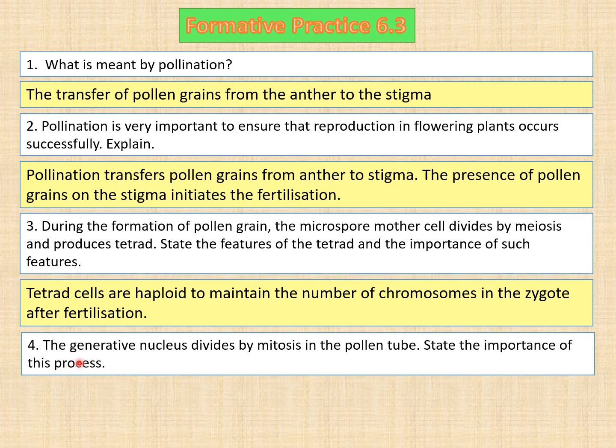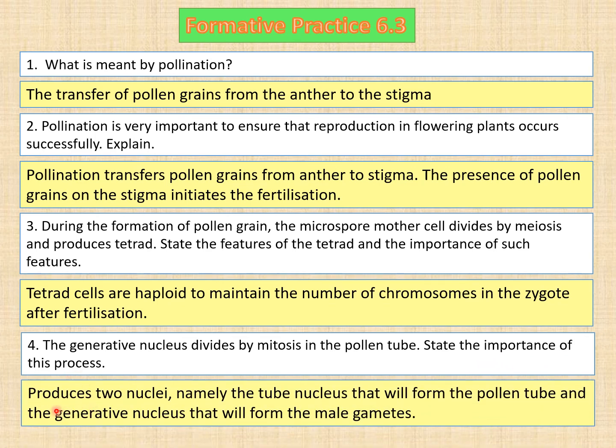Question number 4. The generative nucleus divides by mitosis in the pollen tube. State the importance of this process. Okay, it produces two nuclei, namely the tube nucleus that will form the pollen tube and the generative nucleus that will form the male gametes.